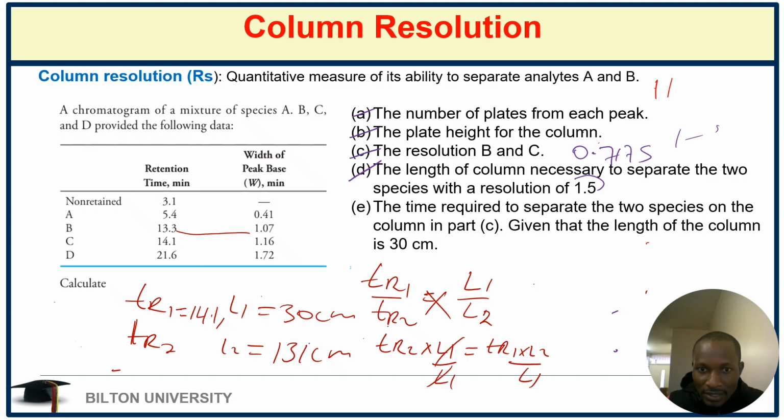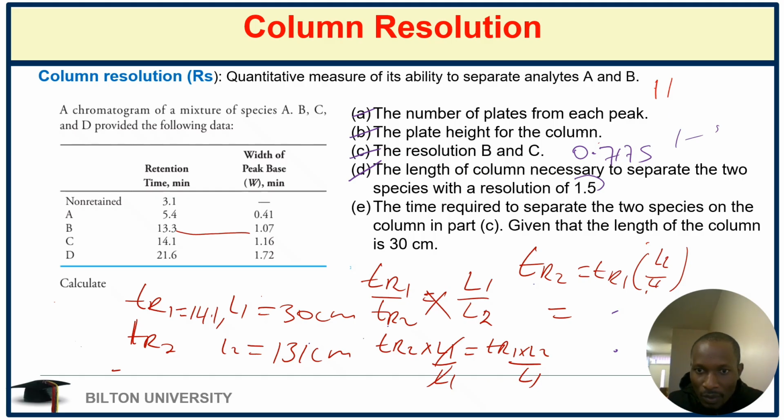So our TR2 is going to be TR1 times the ratio of L2 over L1. What was the L2? It was 131.